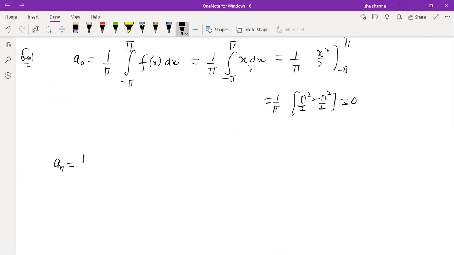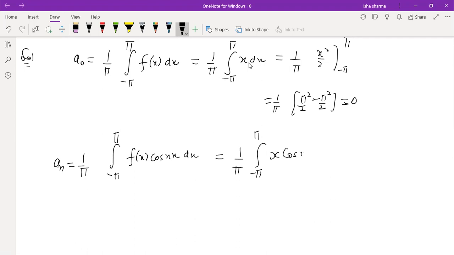So the formula for an is 1 by pi, integral from minus pi to pi of f(x) cos nx dx. So 1 by pi, integral from minus pi to pi, f(x) is x, x cosine nx dx, right? I'm telling you that this is going to be 0.